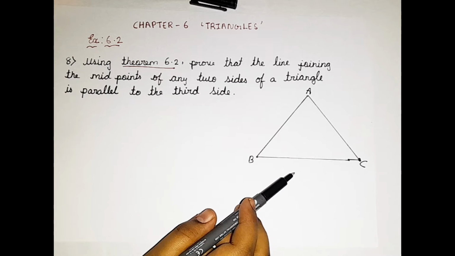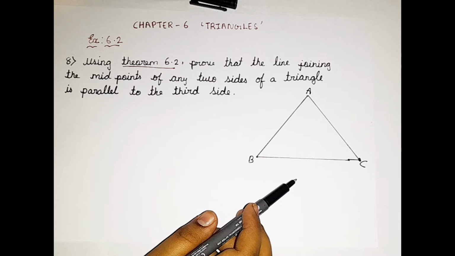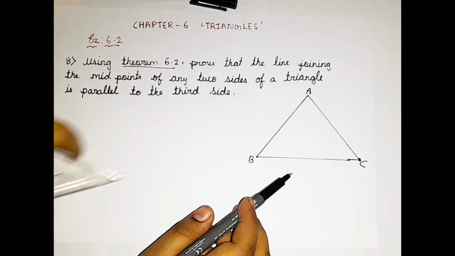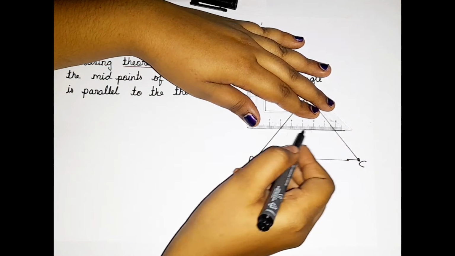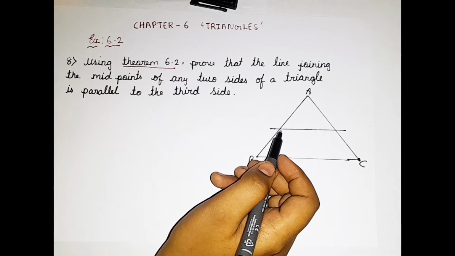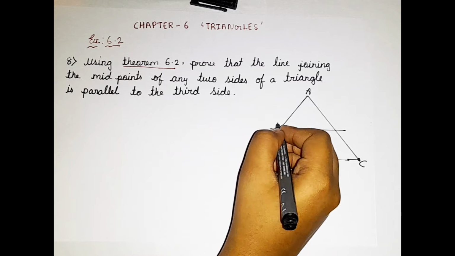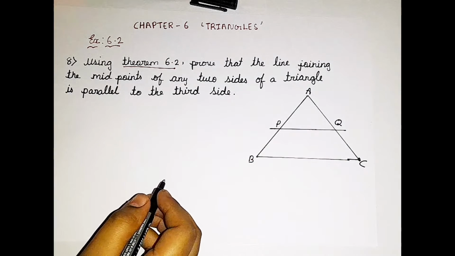In this triangle ABC, there is a point which is in the middle. Midpoint means middle, so don't get confused. Now let us name the line PQ. Whatever you want to name it, you can just name it, no worries.